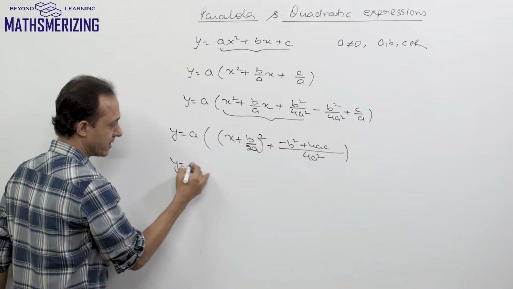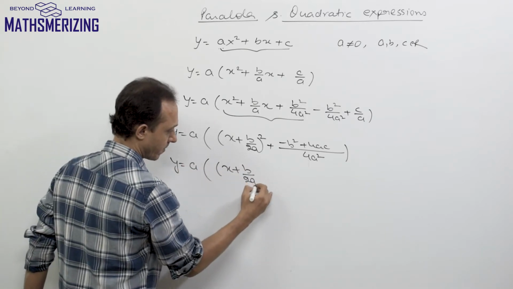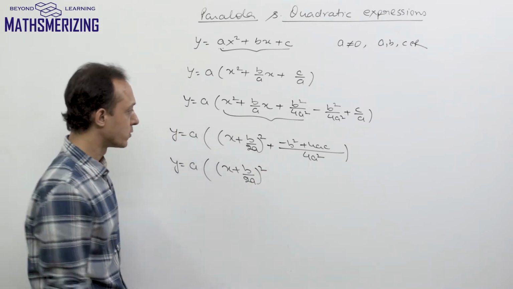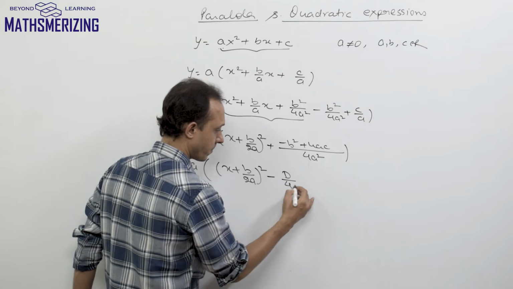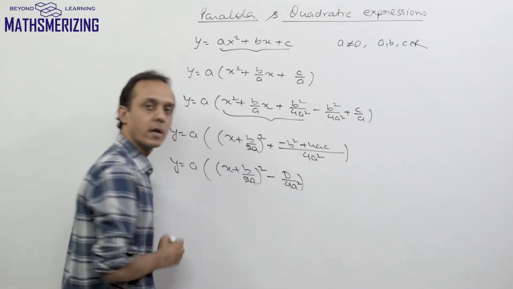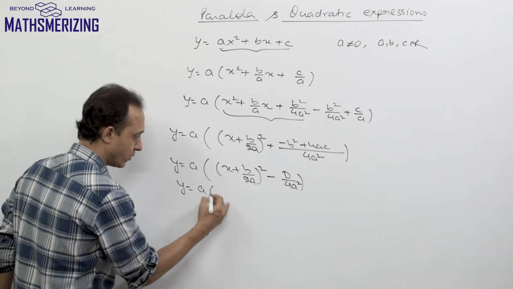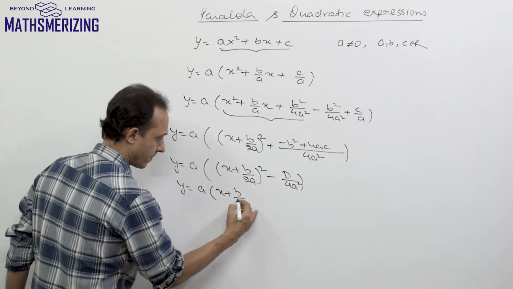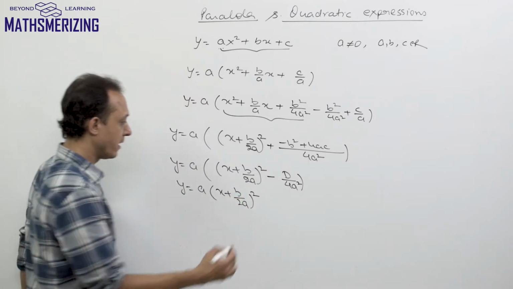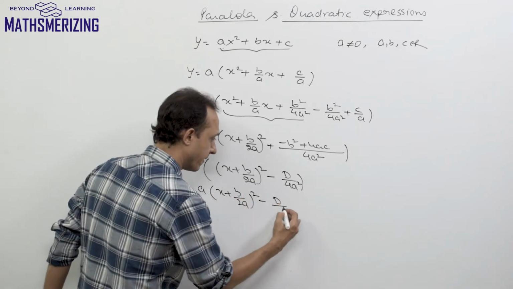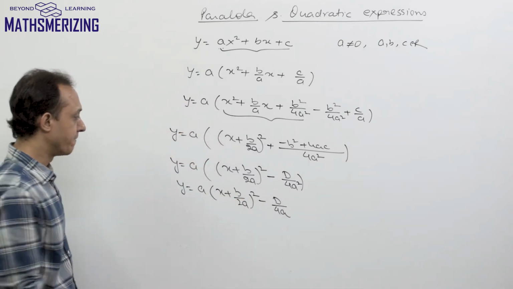So I'll write y equals a and here will be x plus b upon 2a whole square and then minus D upon 4a square, where D is the discriminant. So I'll write it as y equals a into x plus b upon 2a whole square minus D upon 4a. So I'll take it on the left hand side.